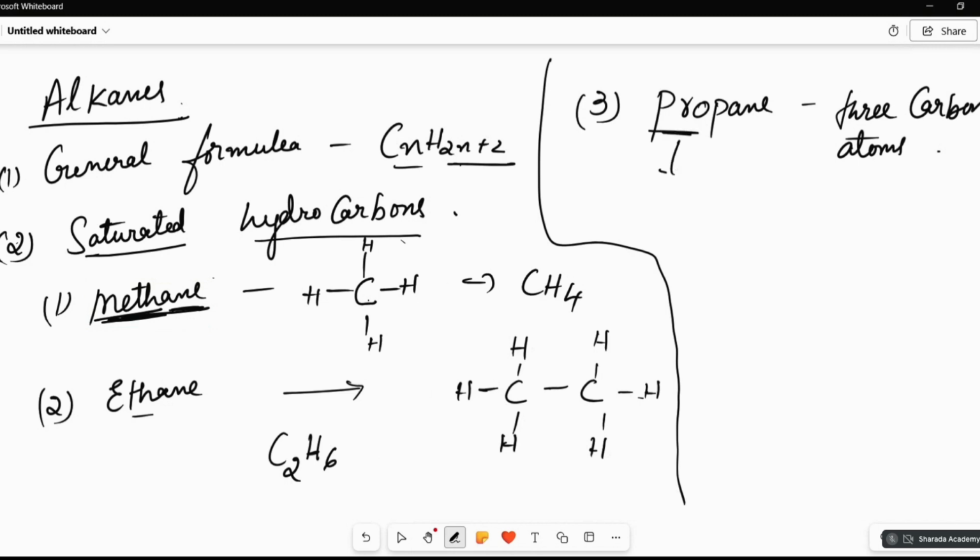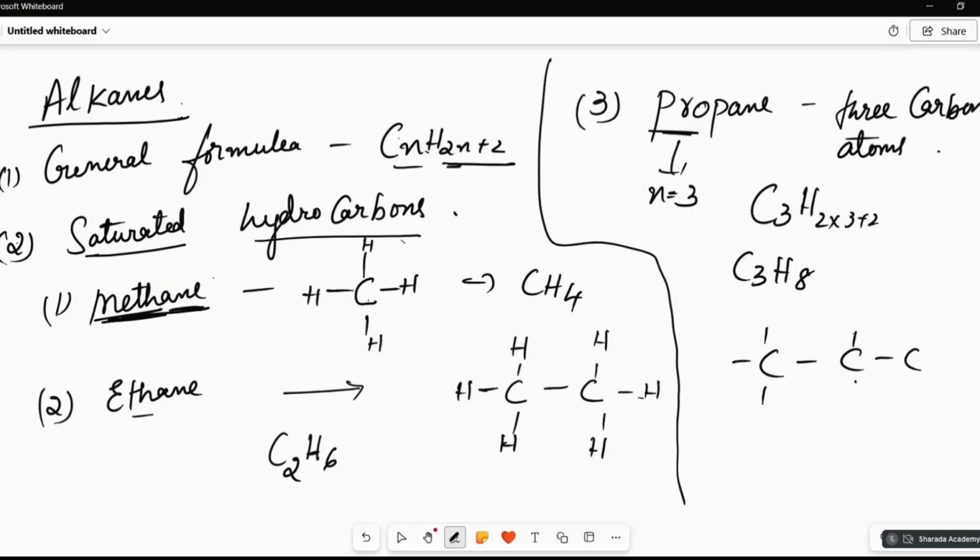Pro means carbon atoms is 3. n is equal to 3 here. So what is the molecular formula we will get? Directly you can write C3 H2 into 3 plus 2. That is C3H8 molecular formula. Okay, structural formula, how will you write? 3 carbon atoms and all are single bonds. So for carbon, there will be 4 bonds. So the remaining you fill with hydrogen.